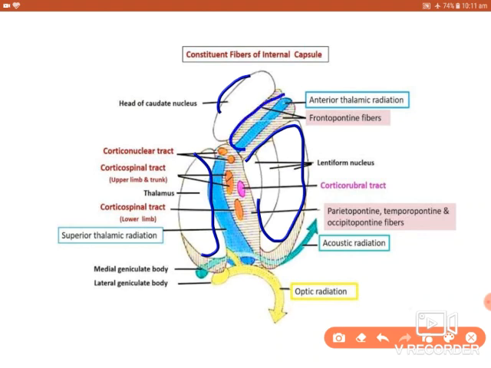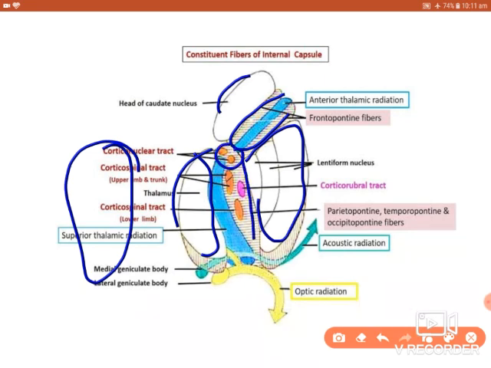You can see this is the anterior limb. This is the thalamus. The other side will have the other thalamus. Then this is the genu. This is the posterior limb. Here, this is the retrolentiform part. Here you can see this is the sublentiform part.